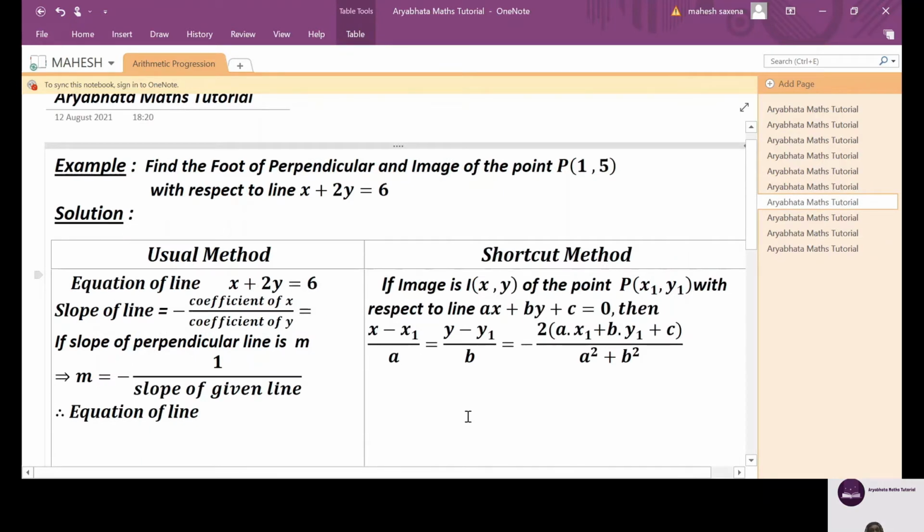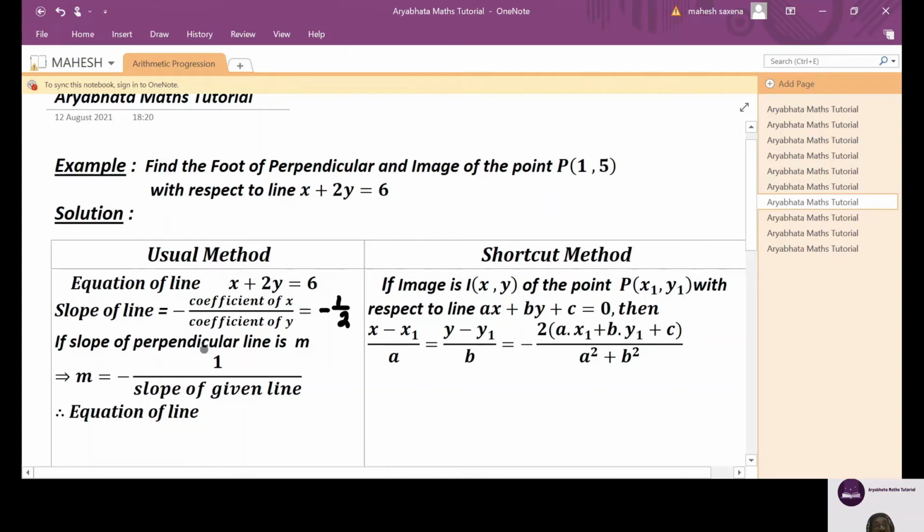Now we take an example. Find the foot of the perpendicular and image of the point 1, 5 with respect to the line x plus 2y is equal to 6. In the usual method, if the equation of the line is x plus 2y is equal to 6, then the slope of the line will be minus coefficient of x upon coefficient of y, that is minus 1 upon 2.